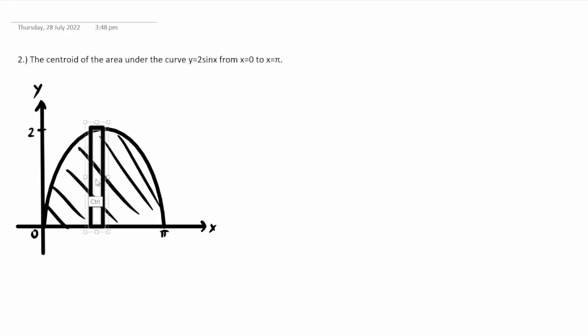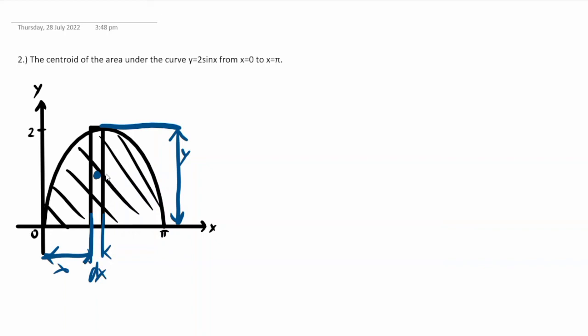Now this is our center, at the center of the strip. So just like before, from the top of the strip to the x-axis is our y, and the distance from the strip to the y-axis is our x, and the width of the strip is our dx.